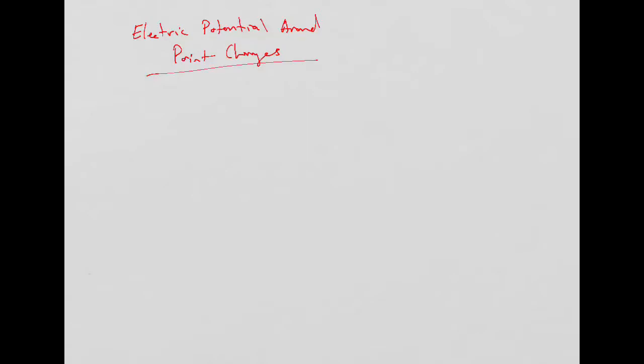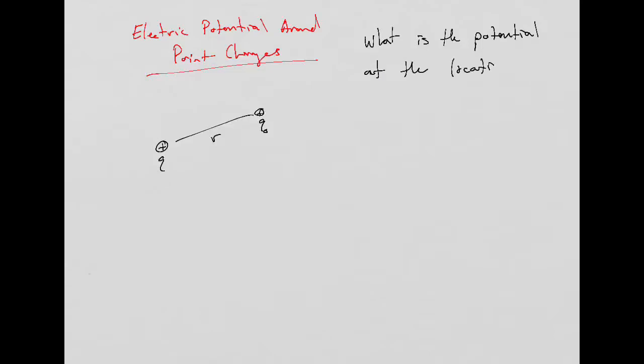So we're going to assume that we have two charges just like in that previous picture, Q and Q naught, separated by a distance R. We want to know what is the potential, not potential energy, what is the potential at the location of Q naught.